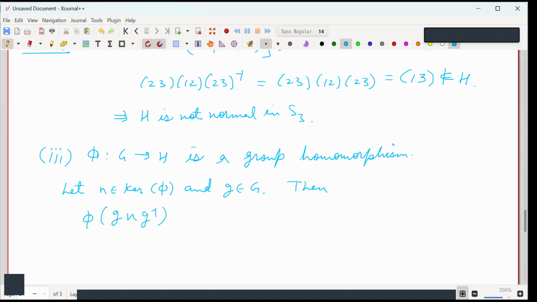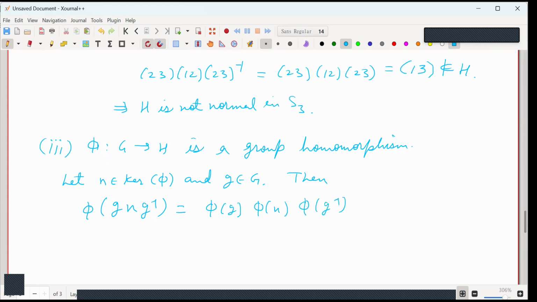We need to show that this is again inside the kernel. This is equal to phi of g, phi of n, and phi of g inverse, right?